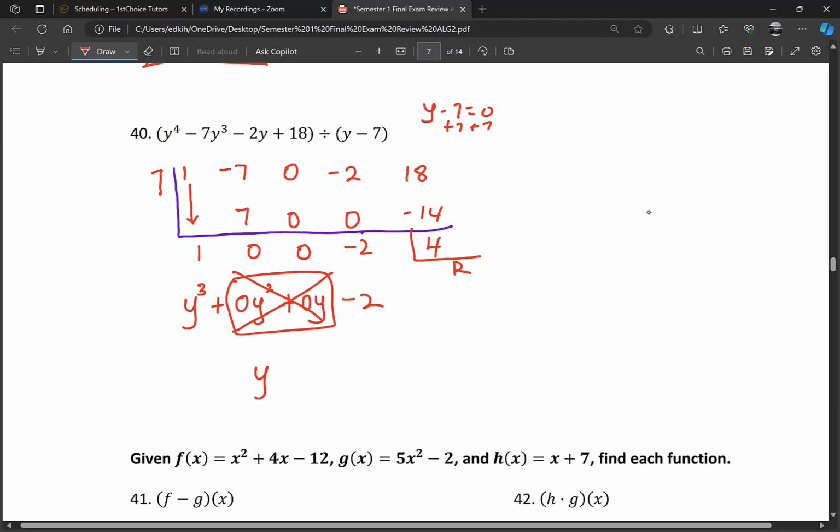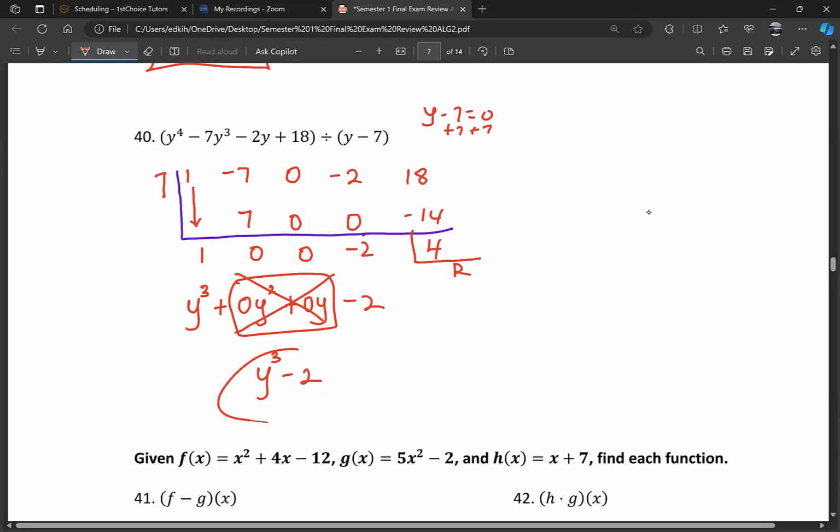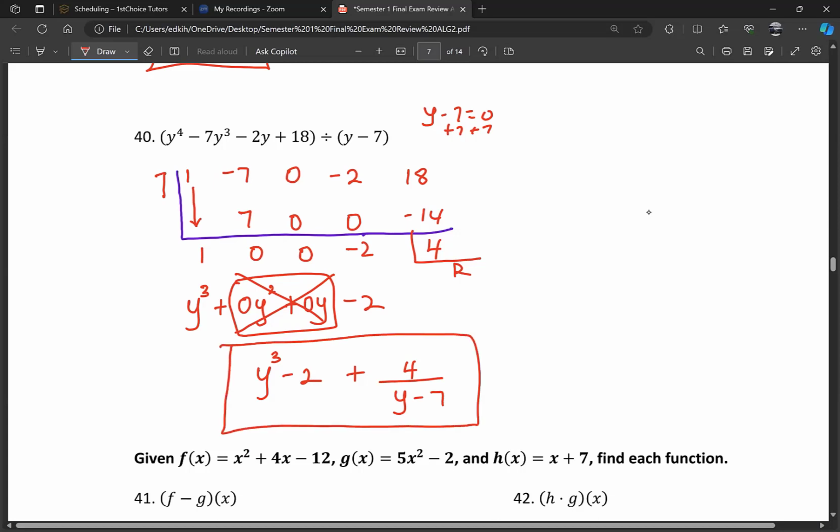And we're going to write the answer out as y cubed minus 2. Now, wait, sorry, we have a remainder for this problem. So here's what you do with the remainder. You attach it to your answer here. Since it's a positive 4, I'm going to say plus 4 over your divisor, which is y minus 7. This is the full answer to that question.